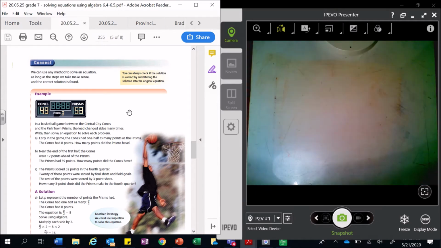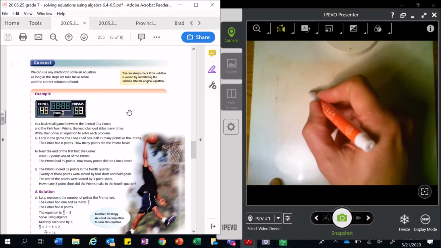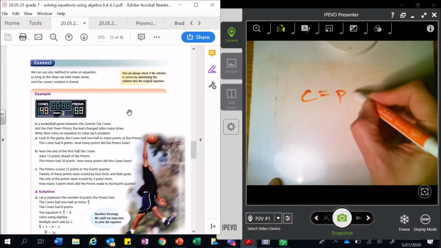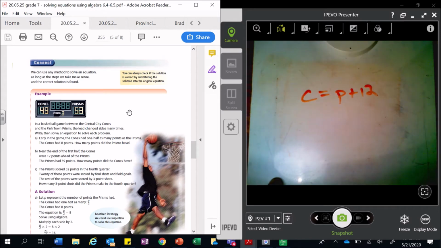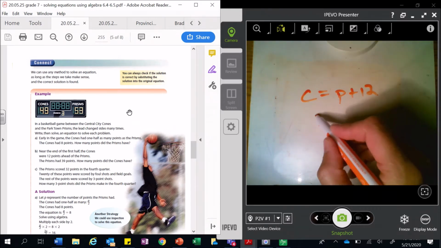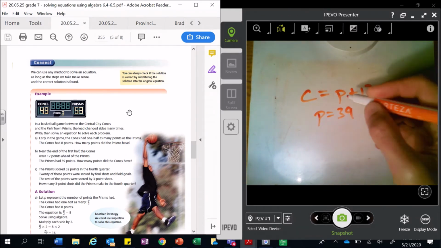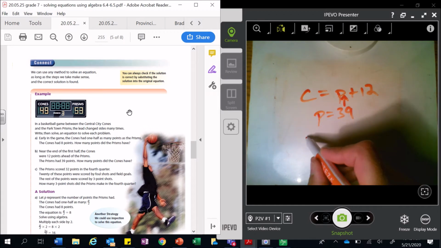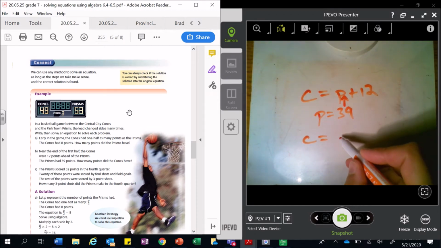Near the end of the first half, the Cones were 12 points ahead of the Prisms. Okay, so that means the Cones had 12 more than the Prisms. But the Prisms had 39 points. Well, let's plug that in then and find out how many the Cones had. The Cones had 12 more than the Prisms.